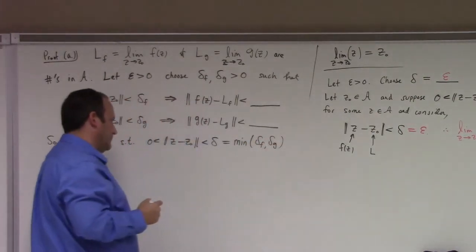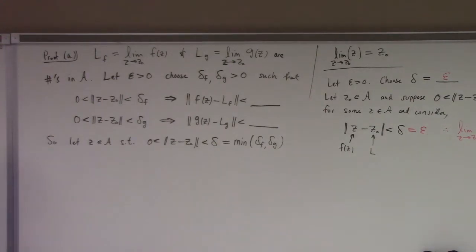In other words, I want to have my cake and also my other cake, the two cakes being the two inequalities listed above. I want to have control over f and over g at once. So I choose delta, the minimum of both deltas, to make both conditions true. All right?